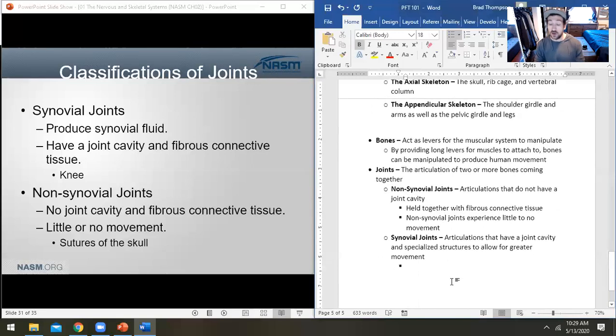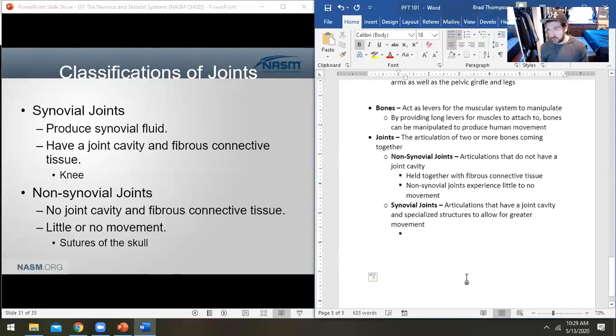Your synovial joints, 80% of the joints in your body, are synovial. They have things like synovial fluid, which is a viscous, egg-white looking material that is designed to decrease friction between bones.